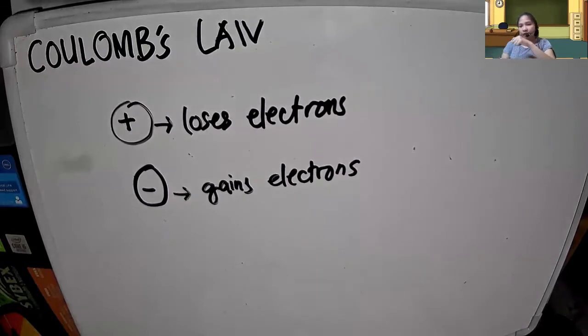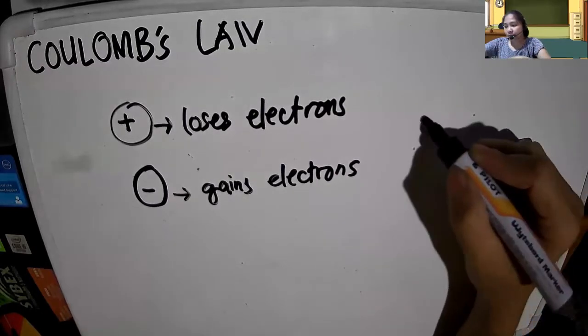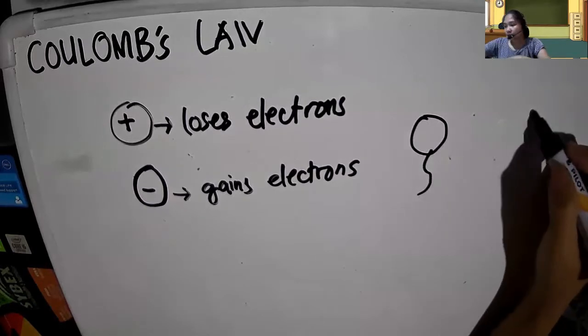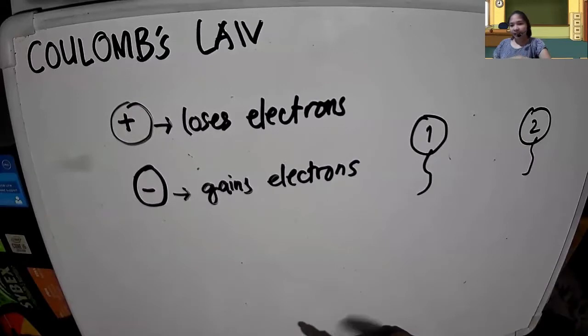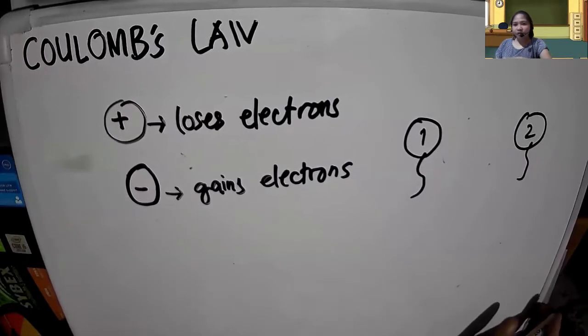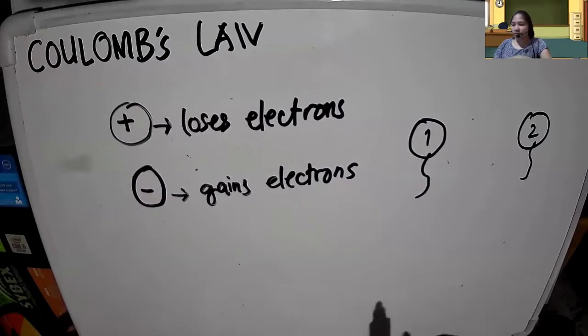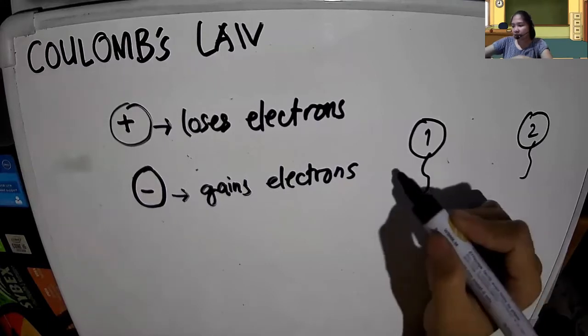Let's say, for example, we have two balloons. So we have balloon one and balloon two. Let us say you charge the two balloons. You rubbed them. Okay, this is charging by rubbing. You rubbed them with your hair.